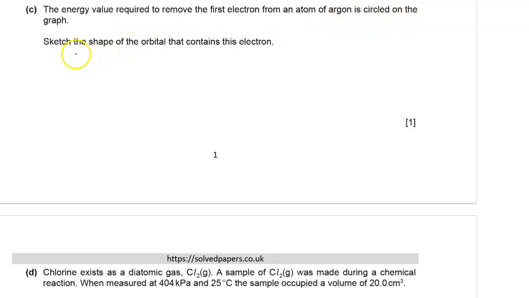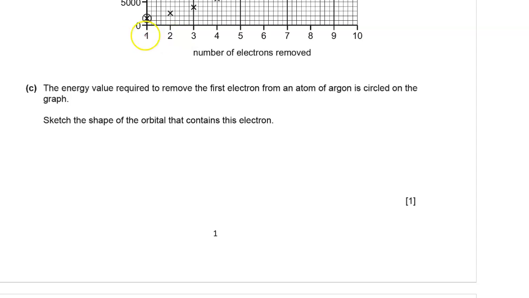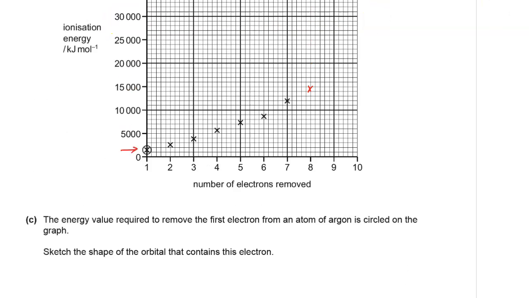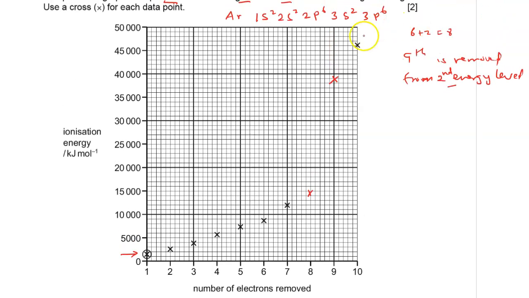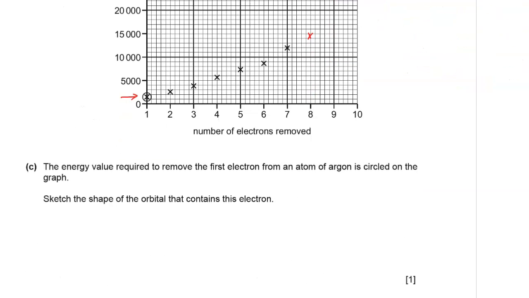The energy value required to remove the first electron from an atom of argon is circled on the graph. Sketch the shape of the orbital that contains this electron. It is circled right here, and the orbital that the first electron is being removed from is the p orbital, right? So we are supposed to draw the shape of the p orbital.